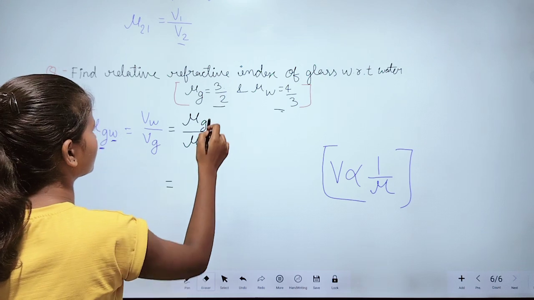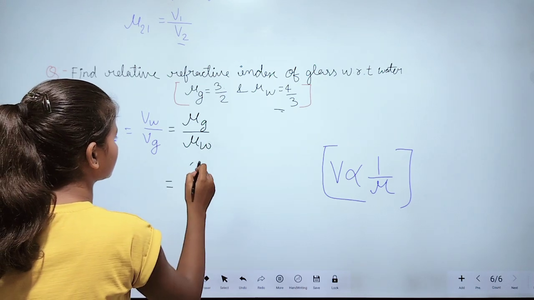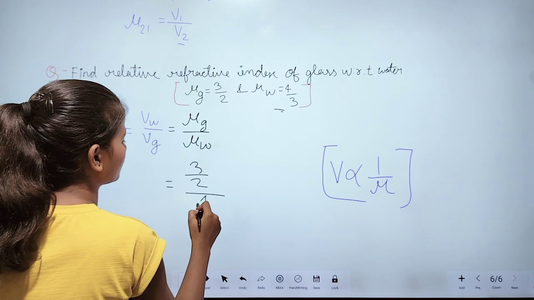Now let's solve it. Sorry, not 4 by 3 first: glass, that is 3 by 2, by 4 by 3.